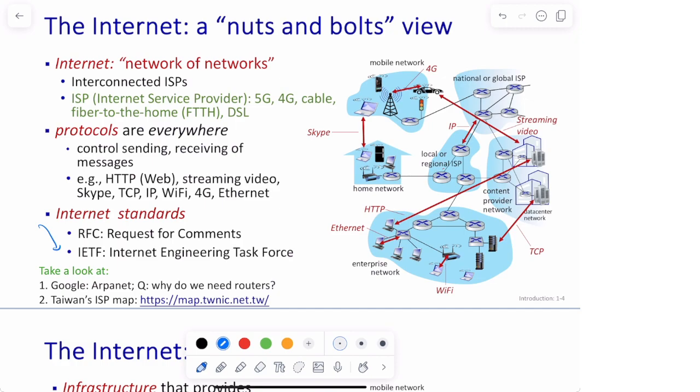You can write your comments on those RFC documents, and they will try to figure out what is the best definition, the most practical way to build a 6G or 7G network. So that is how it works.